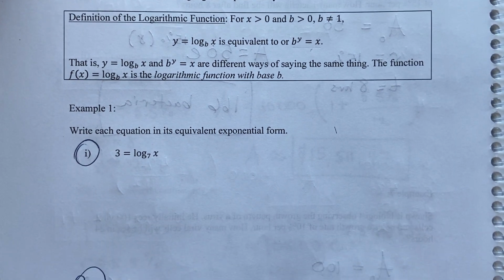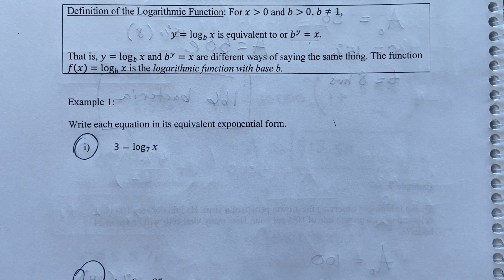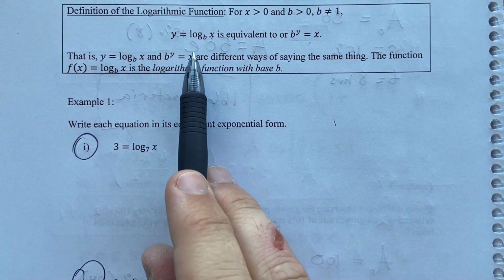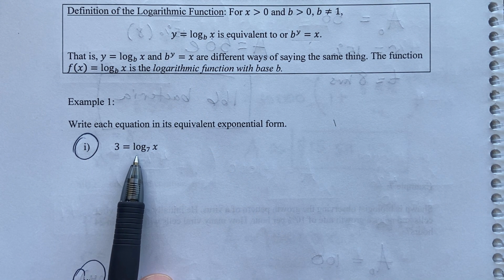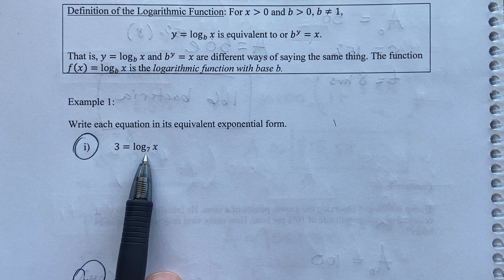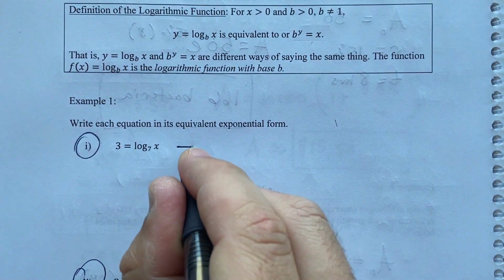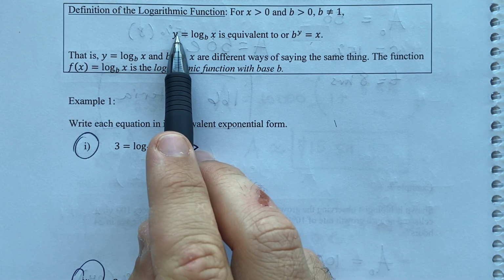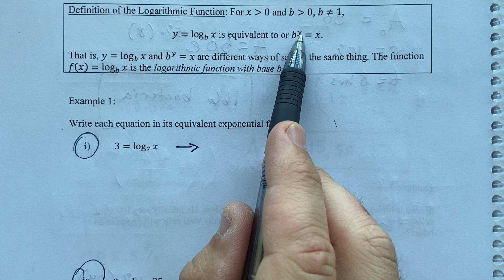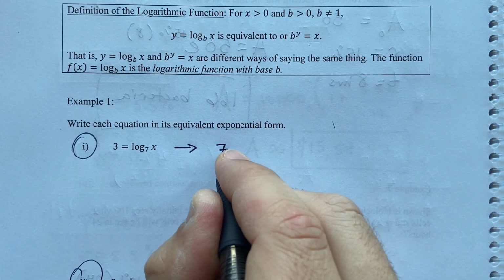So for example 1, it says, write each equation in its equivalent exponential form. So this is now in logarithmic form. So I have y equals 3, I have b equals 7, and I have x equals x. So to get this into the exponential form, well, whatever it's equal to becomes the power on the base. So the base in this case is 7.